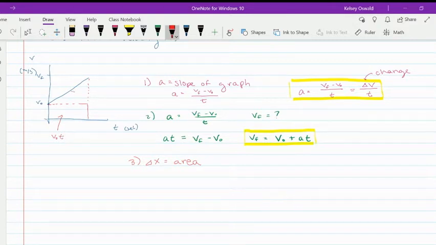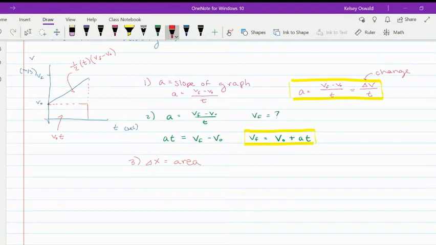To find the area of that triangle, we do 1/2 base times height. In this case, we can see that our base is time, how long we're traveling for. And our height would be the difference between our final and our initial velocity.